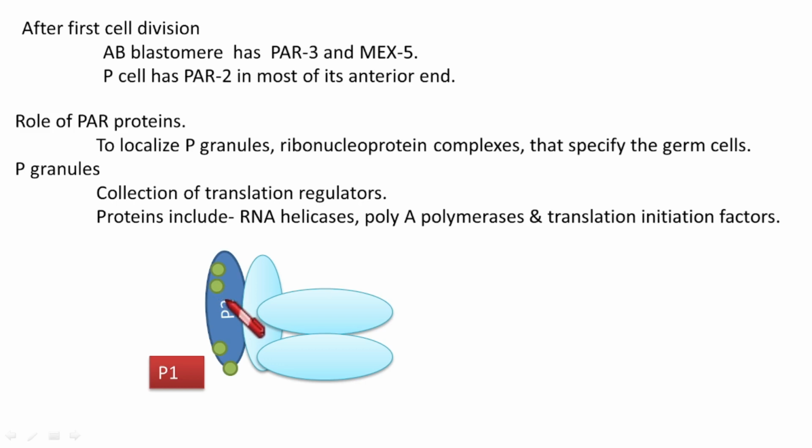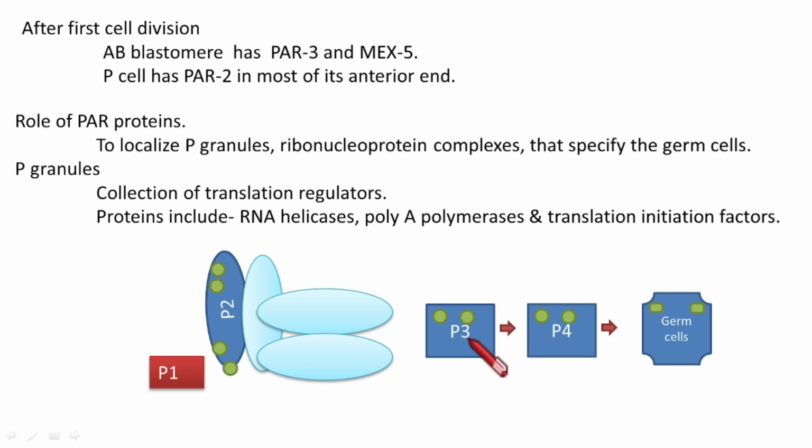The division process will proceed again and again, and always these P granules localize to the posterior-most region of the stem cells. I am just representing only the division process of the stem cell here, and in all these stem cells we can see the P granules. And after some successive divisions, it will form the germ cells like egg or sperm of the adult.